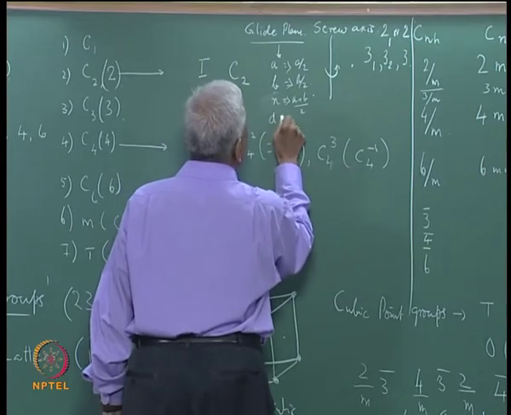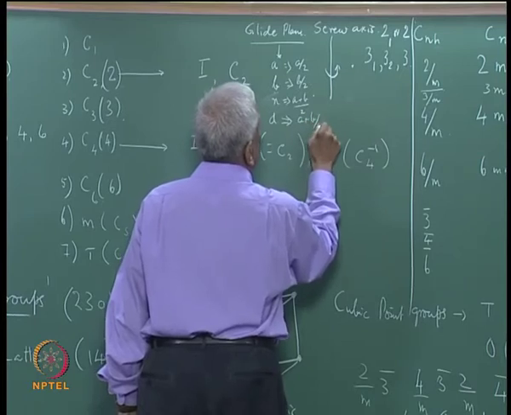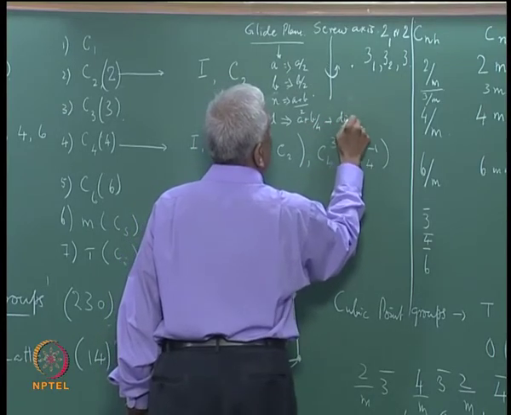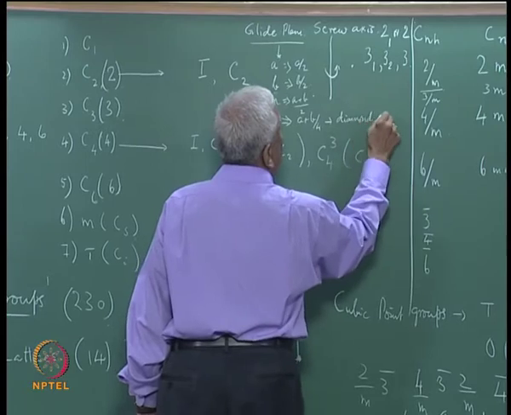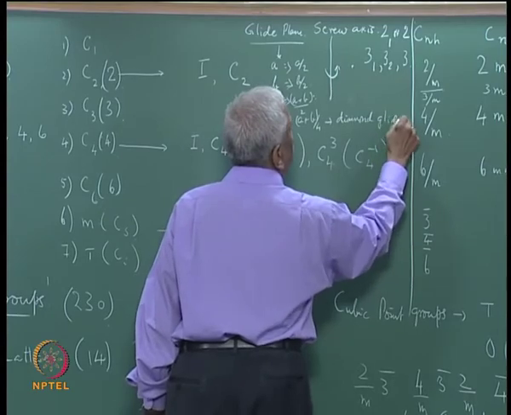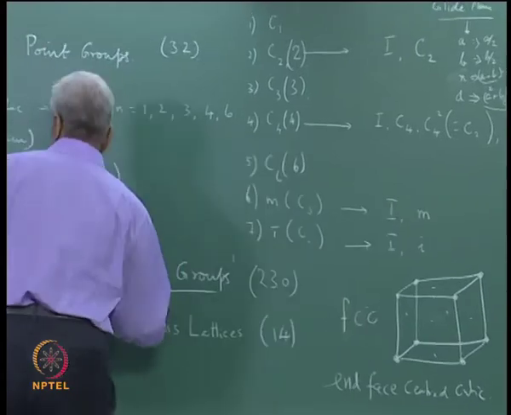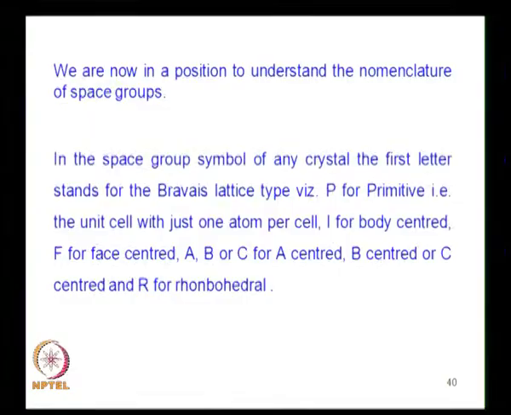A D is what is known as a diamond glide, which can have a translation component of (A plus B) by 4. So, these are the various possibilities of screw axis and diamond glide planes. Now we can talk about space groups and their nomenclature.